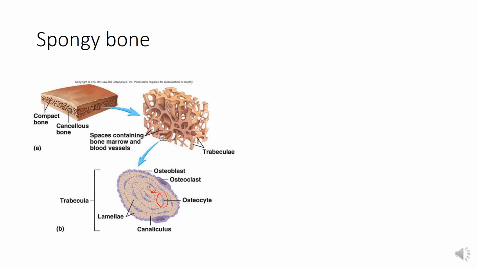The osteocytes are nourished by the interstitial fluid seeping into the bone through the tiny canaliculi. The spaces between the trabeculae contain red bone marrow, and in addition, spongy bone is lighter than the compact bone, reducing the weight of the skeleton.